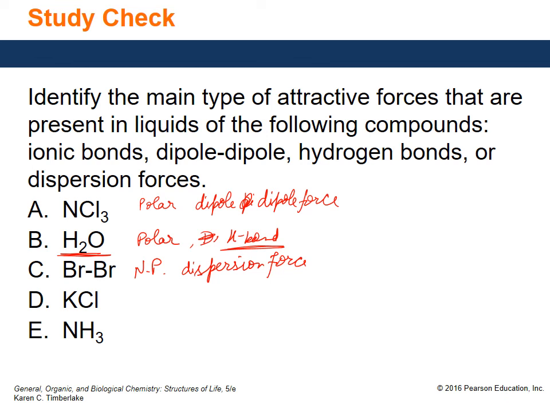KCl is an ionic compound, right? K and Cl is ionic, so this will consist of ionic bond. Ammonia is NH3. Here we have hydrogen bonded to N, which means this is also polar, and this will consist of hydrogen bond. So that is all that you need to know about the attractive forces that are present between molecules.